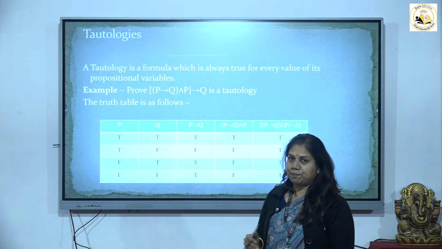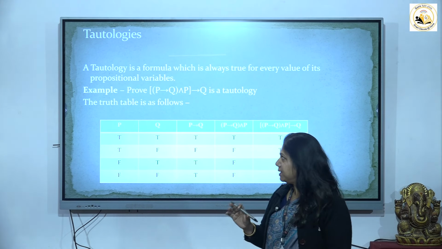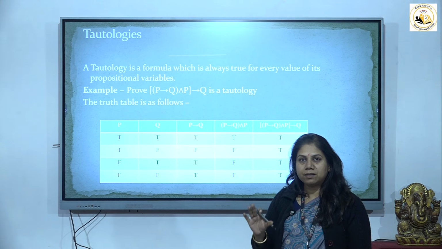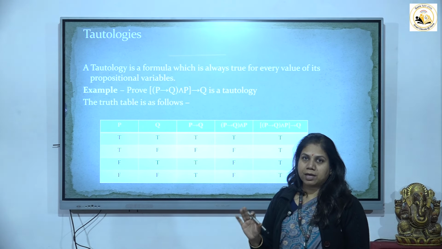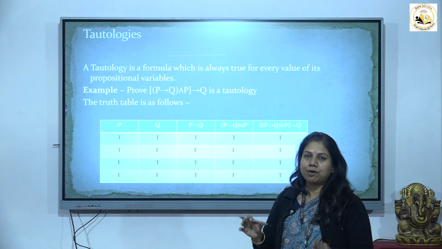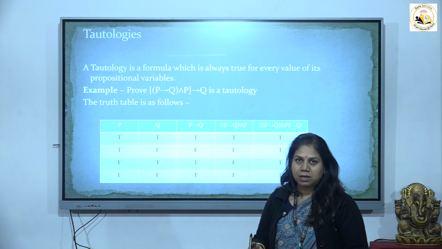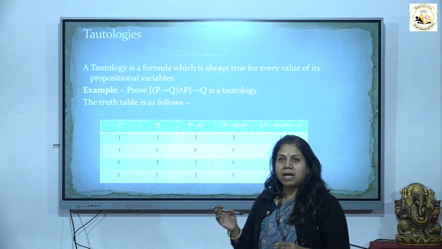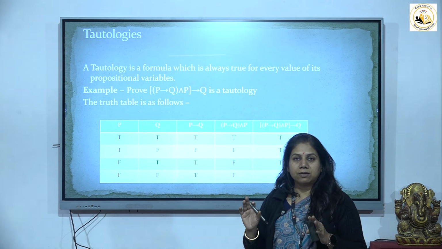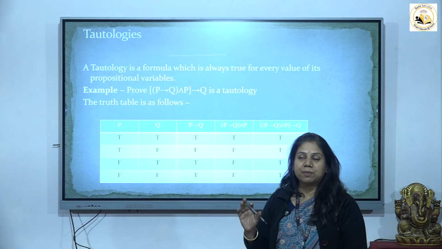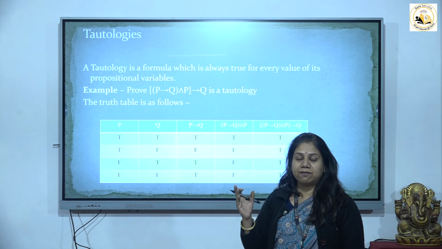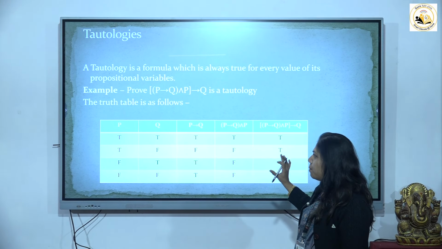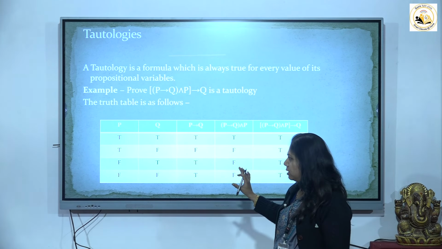Next is a tautology. A tautology is a formula which always gives result true. If we have a combination of propositions connected by some connectives and the result will always be true, that means its truth table gives a final result of true, then this combination is known as a tautology.